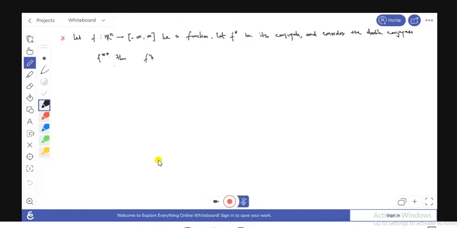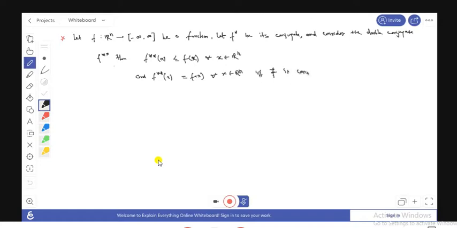Then this f star star of x is always less than or equal to your original function f of x for all x belonging to Rn. And this double conjugate function f star star equals f of x for all x belonging to Rn if and only if the function f is convex.